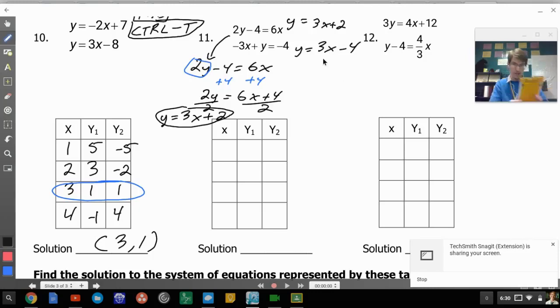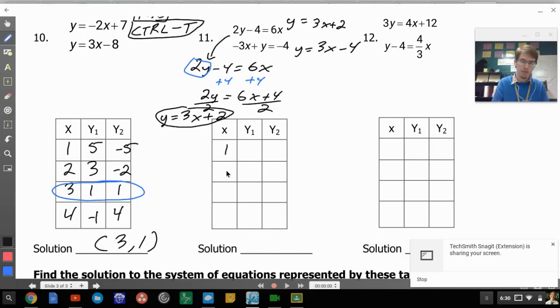Okay, so on my calculator, I'm going to clear that off. 3x plus 2, tab, 3x minus 4. Control T. All right, and here's what my table looks like.